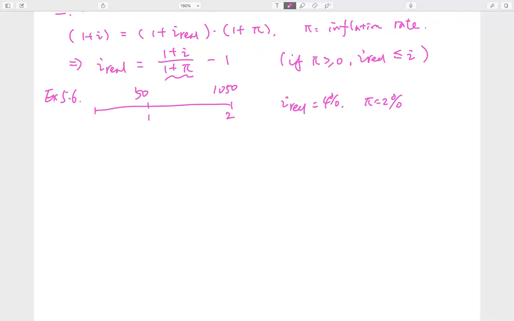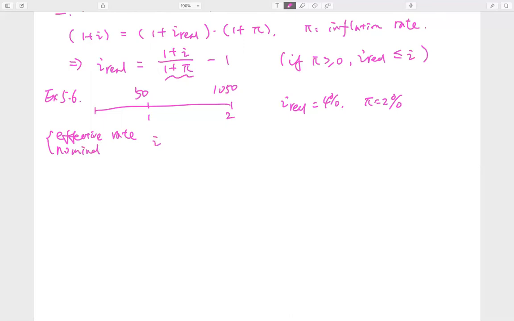Well, in order to determine the present value, we basically want to know the i, right? So the effective interest rate. There is a little confusion of names because we used to call i the effective rate, but here we call it nominal.